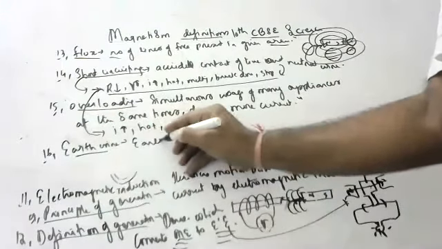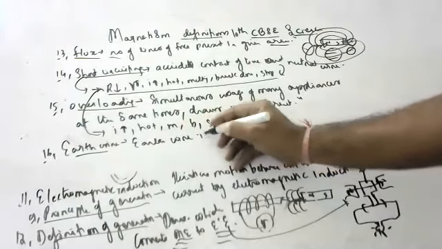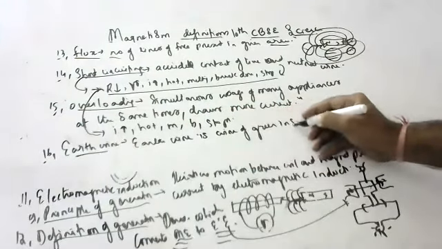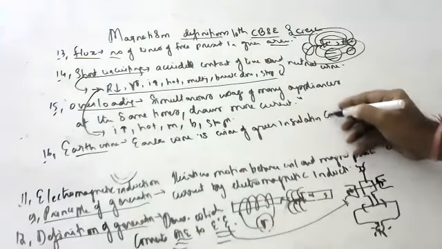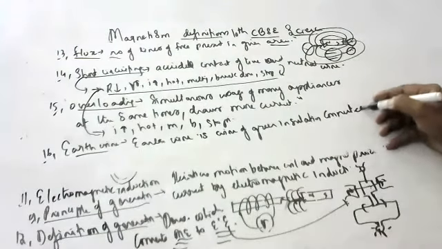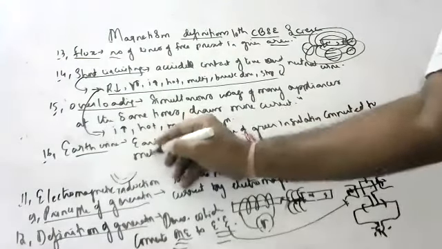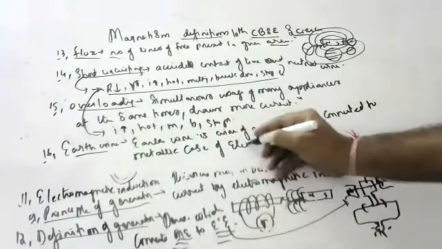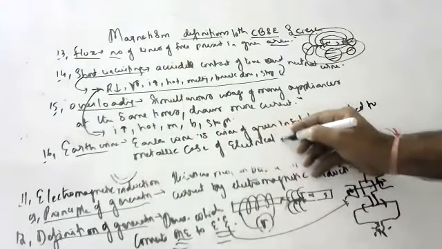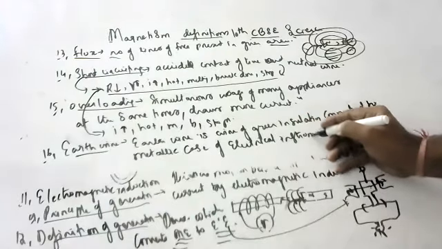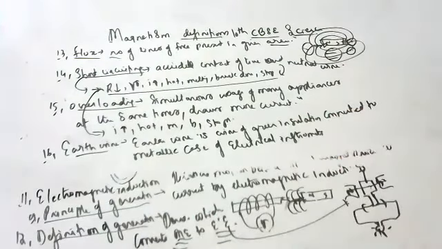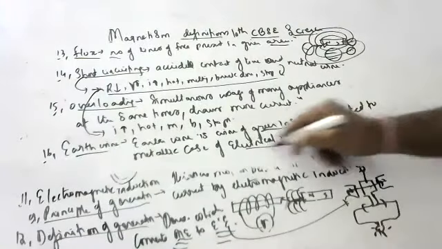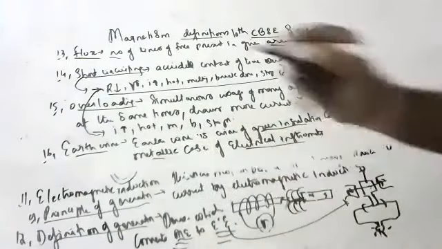Earth wire is a wire of green insulation connected to the metallic case of electrical instruments.